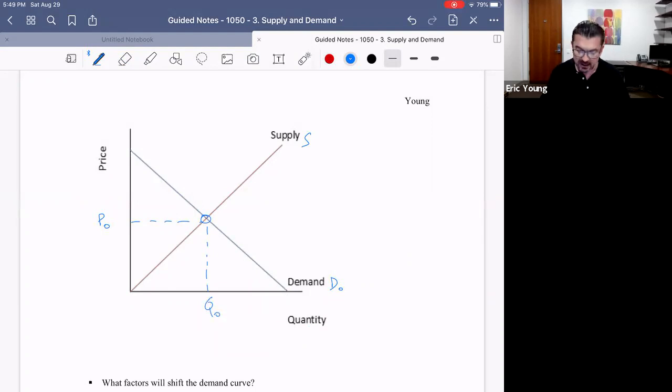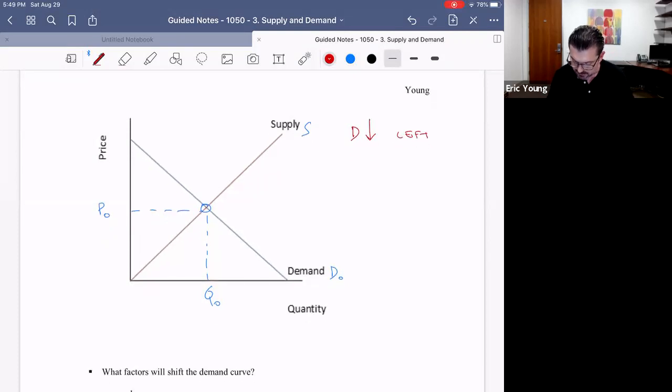Let's say that in this case, demand were to fall. That would shift our demand curve to the left, and it would look something like this. We have a new demand curve. We're going to call that D1. We're going to draw a nice arrow to show that. And because we have a new demand curve, we have a new equilibrium. Again, I'll put an N so that we know that this is our new equilibrium.